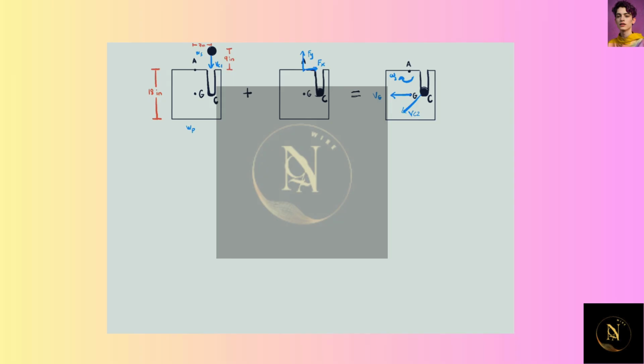Before we start with writing the equations, let's first make some conversions and initial calculations of some quantities. Notice that our dimensions here are in inches, but we actually need them in feet.